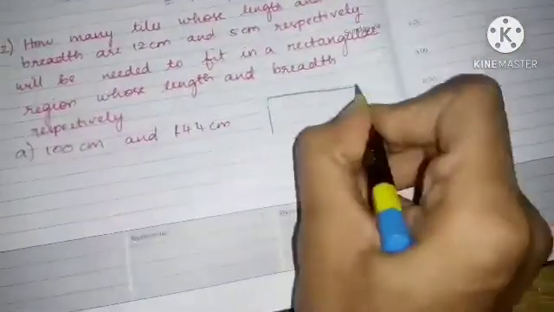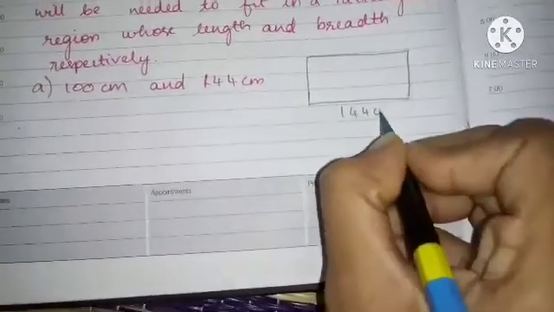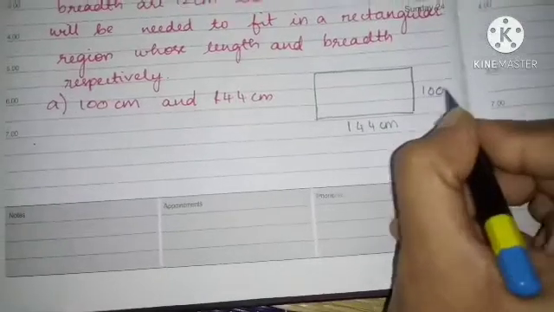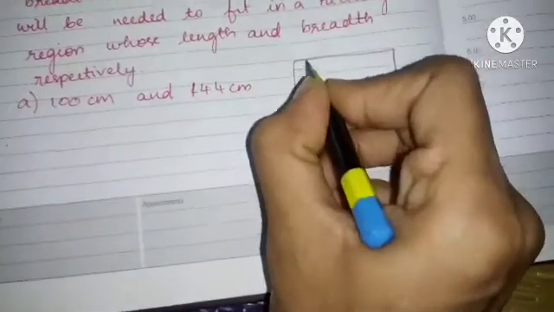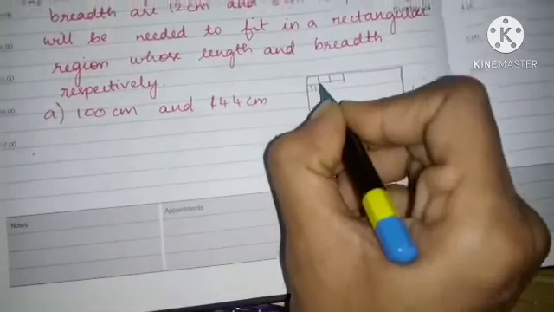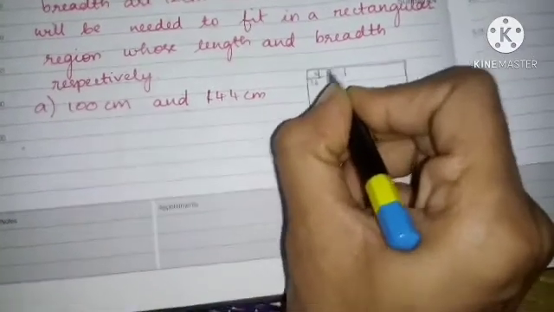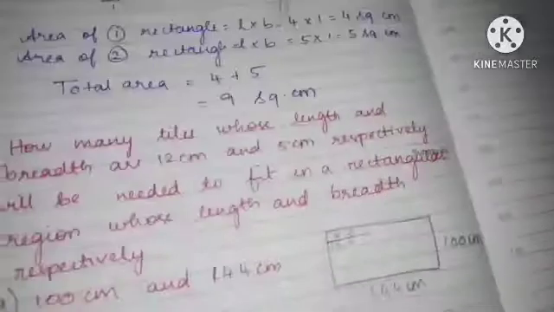One region is in rectangle shape. 144 centimeter is the length and 100 centimeter is the breadth of the region. In that we are fixing rectangle shaped tiles. The length and breadth of the tiles are 12 centimeter and 5 centimeter. So how many tiles are needed to fix in this rectangular region?